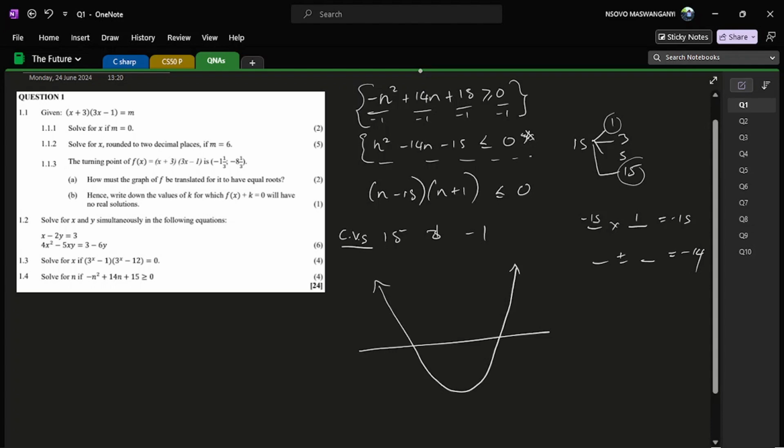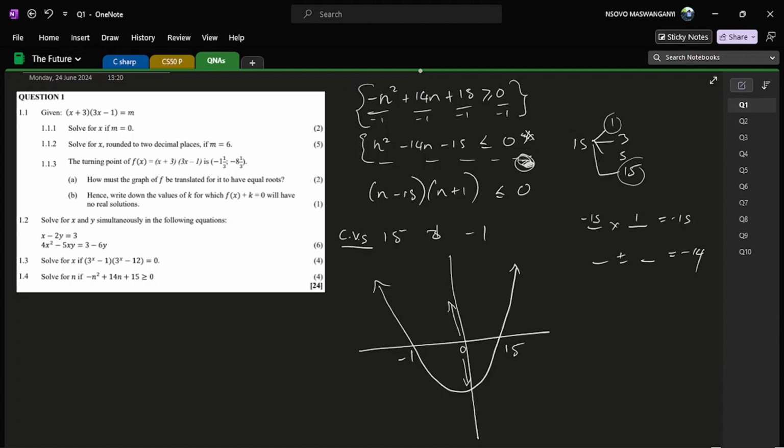Our critical values are -1, because negative is on the left, and 15 is on the right because it's positive. So in this new inequality that we just revolutionized, we are looking for where the function is less than or equal to 0. The function becomes positive the more it goes up the y-axis, and negative the more it goes down the y-axis, right?